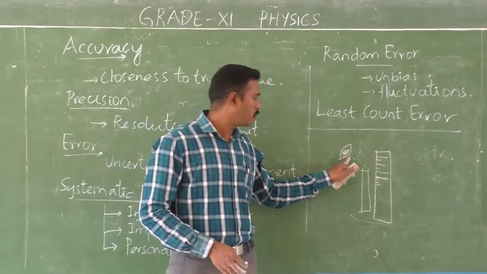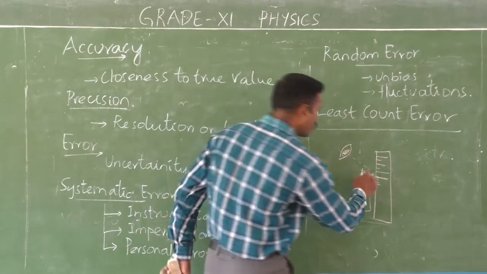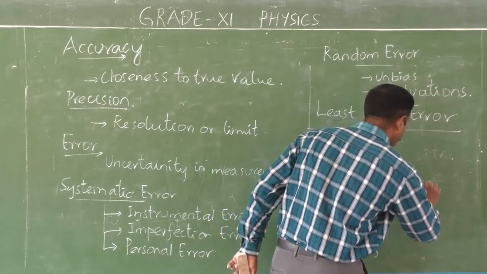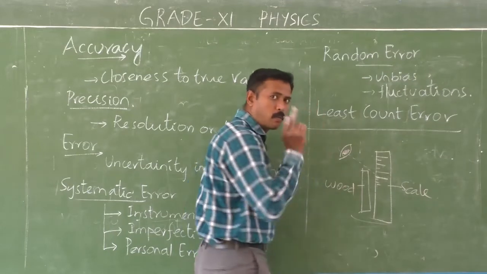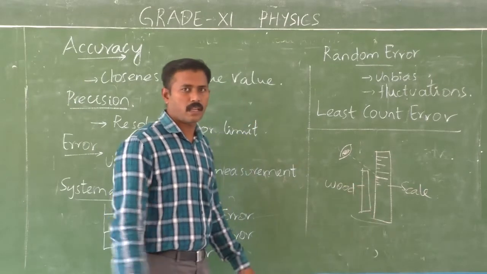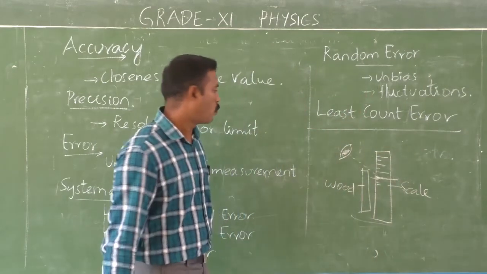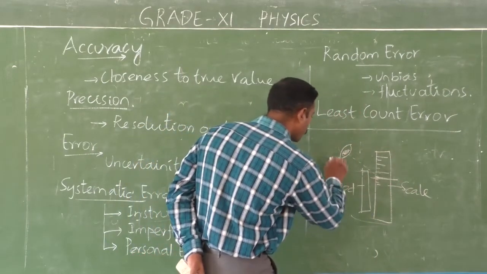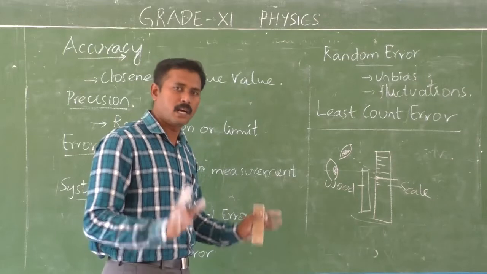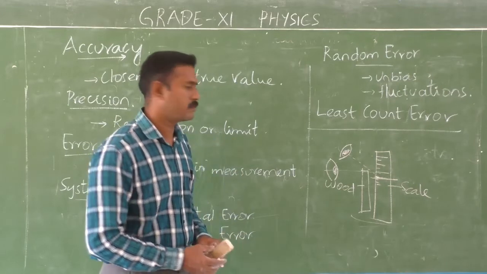This is the wood and this is the scale. When I point my eye from here and focus the wood to the scale, the actual height obtained will have an error. Only if my eye is placed in parallel can the proper reading be obtained. So this we call a personal error.